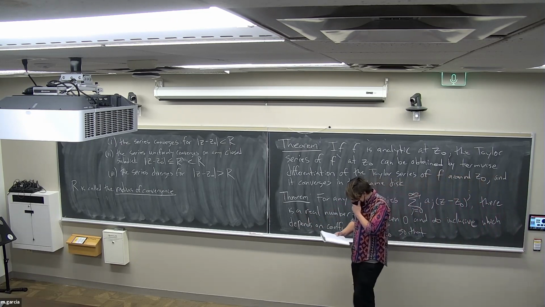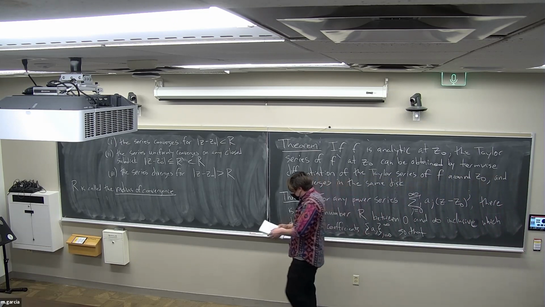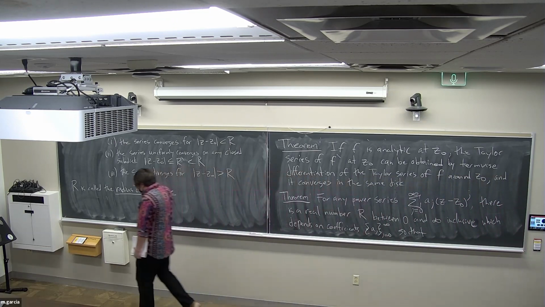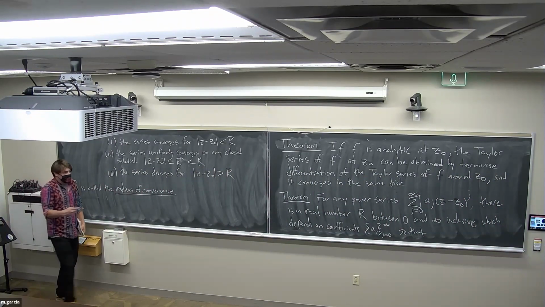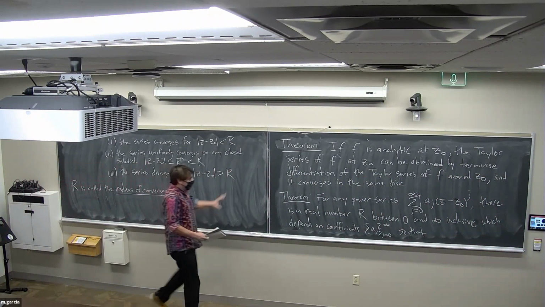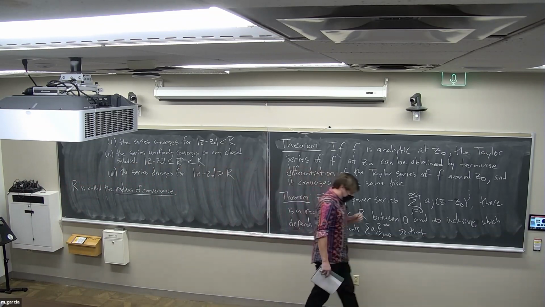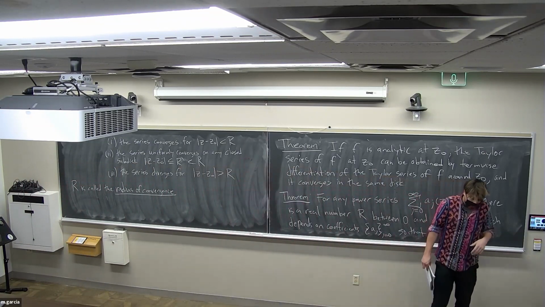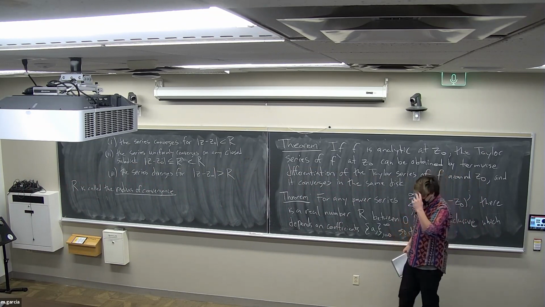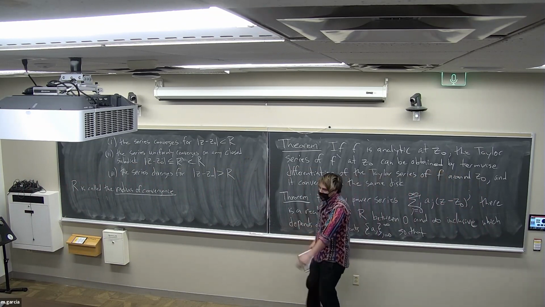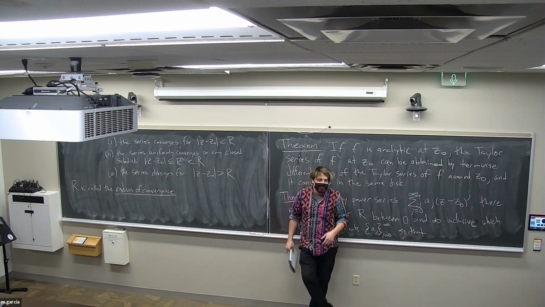Okay. So now we get to a stronger analogy to what happens in calculus 2. Notice in this statement, there's no specification on what happens on the circle of radius r. This is the whole business of determining the radius of convergence of a Taylor series for a function of a real variable.